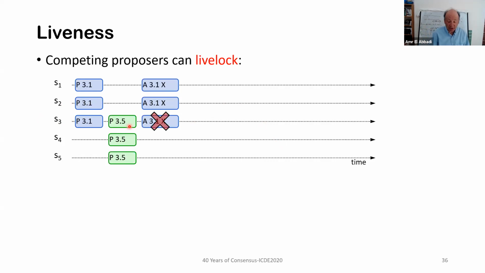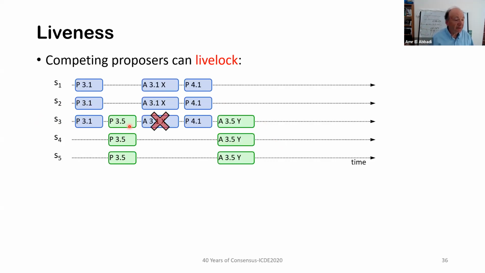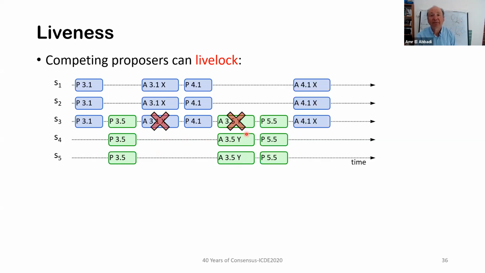So it's going to reject this. And then this guy is going to backtrack and try to push for his own value again, 4.1. But then we get the accept phase of the first protocol here again, and you can have this forever.